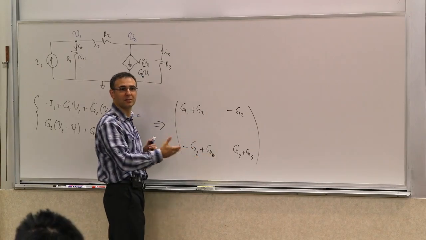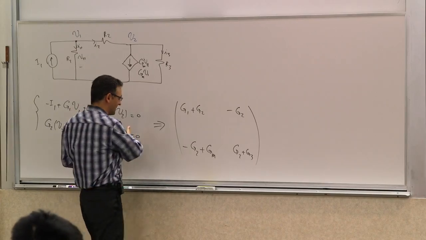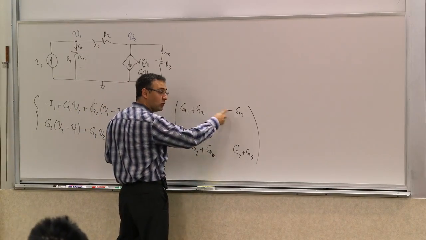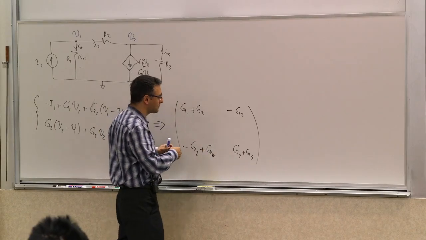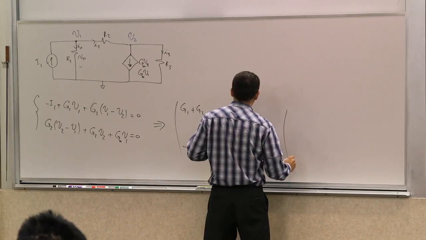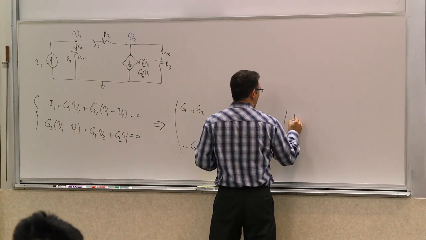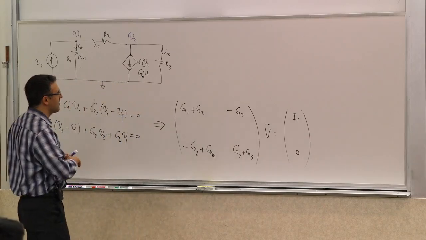So again, you can come up with heuristic or simple ways of coming up with them, but you have to keep these things in mind. So that rule doesn't apply by itself anymore. I mean, you have to think about these things. And again, it's applied to vector V, and the stimuli vector, again, is the same thing, I1 and 0. So that's the situation.